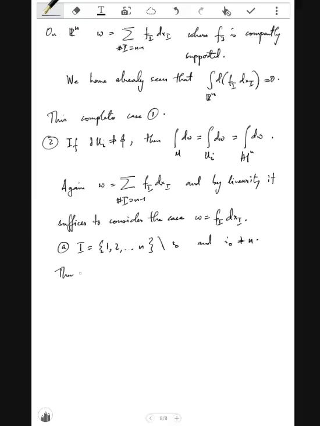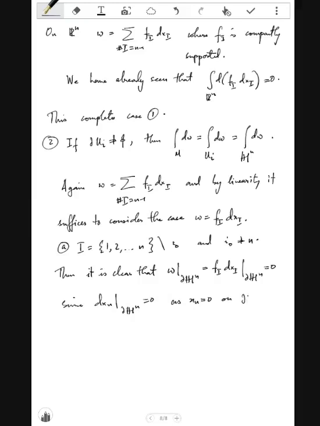Then it is clear that omega restricted to boundary of Hn is equal to f_I dxI restricted to boundary of Hn is equal to 0, since dxn restricted to boundary of Hn is 0, as xn is equal to 0 on boundary of Hn.